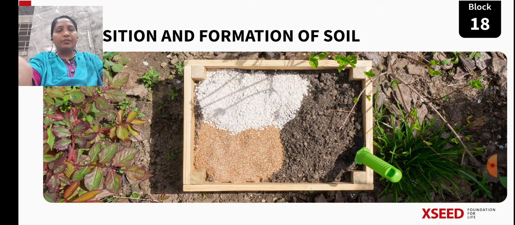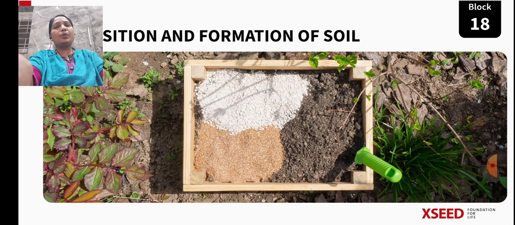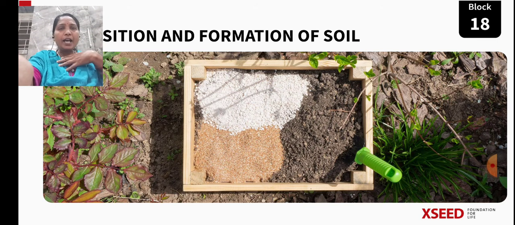We get our food items from plants. This you also learnt in block 2 and the photosynthesis lesson: how plants use the soil and prepare their own food. They make their own food, but we depend on plants. So there is no human life without plants.